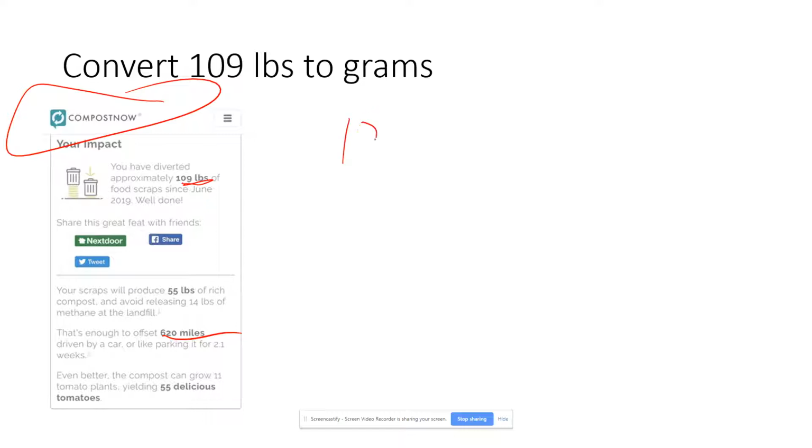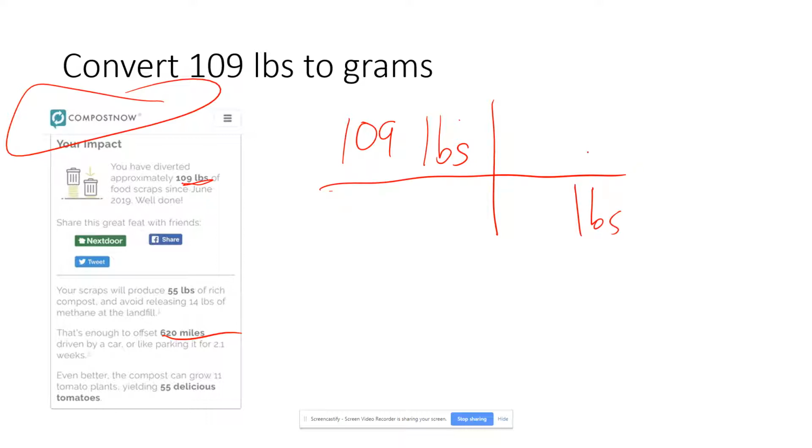All right. So we're going 109 pounds, and we got to go to grams. So we want to put pounds on the bottom, and we want to put grams on the top. So we're going to just change that over here. Let's just do blue. And if we look that up online, just look up the relationship between pounds and grams. So LBS to grams.